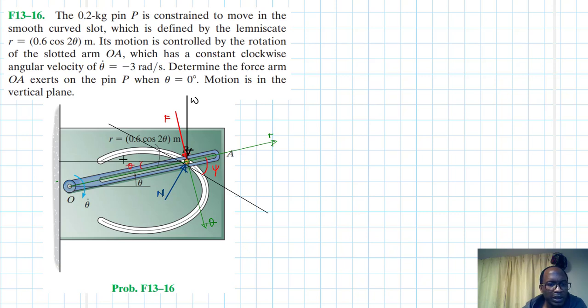If this is theta, then this one here will be 90 minus theta, and therefore this one will be theta. So I've shown how that has resulted to become theta, because we need that information.